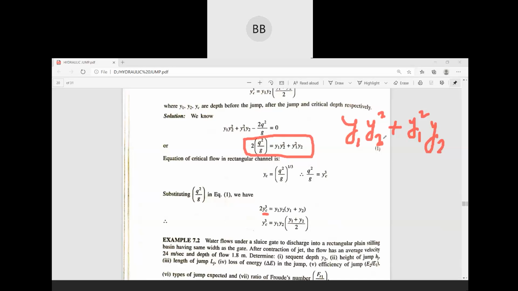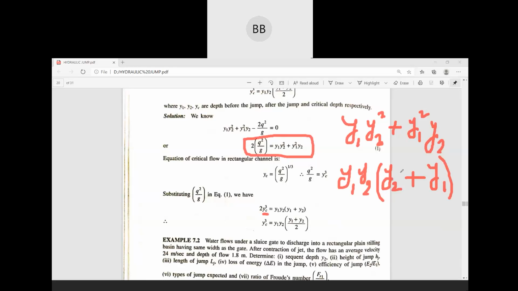We are going to take y1 y2 common, so we have y2 plus y1.